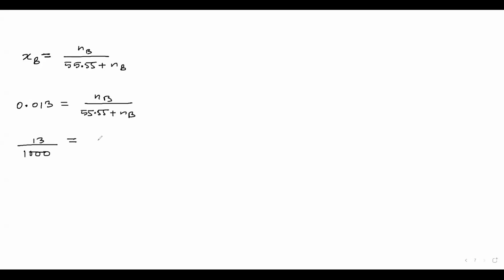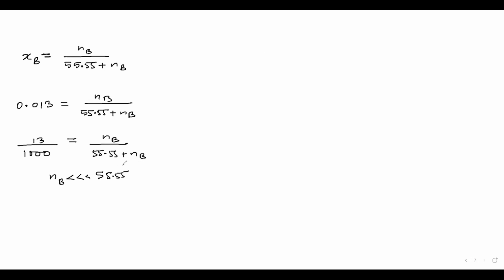This is equal to NB upon 55.55 plus NB. Since you can see that the numerator is very low, if NB is 13, then 55.55 plus NB will be equal to 1000, correct? Since you can see the ratio here, NB should be smaller than 55.55. Hence, when we are adding these two, I can ignore the NB.